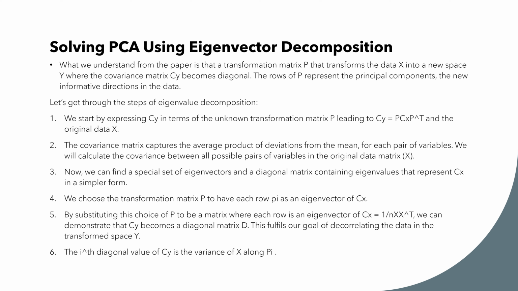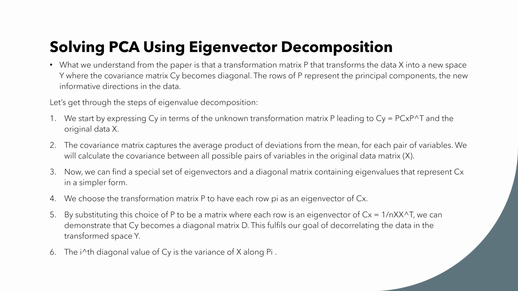This choice ensures that Cy becomes a diagonal matrix D. By substituting the chosen P into Cy = P Cx P^T, we show that Cy becomes a diagonal matrix D. This means that the variables in the transformed space Y are not correlated, and we achieve our goal of decorrelating the data.